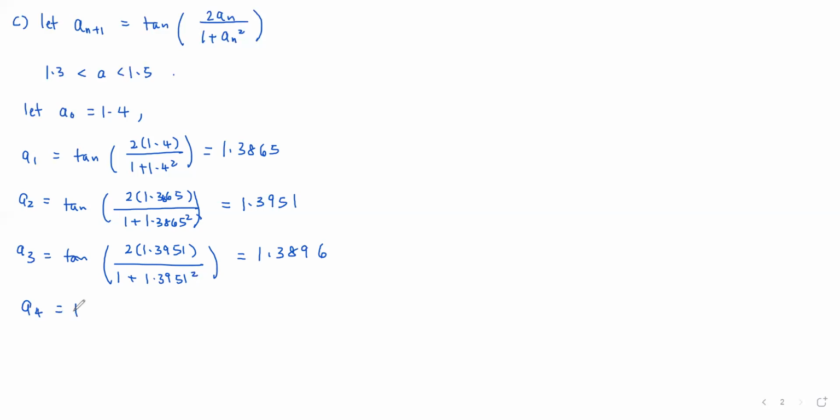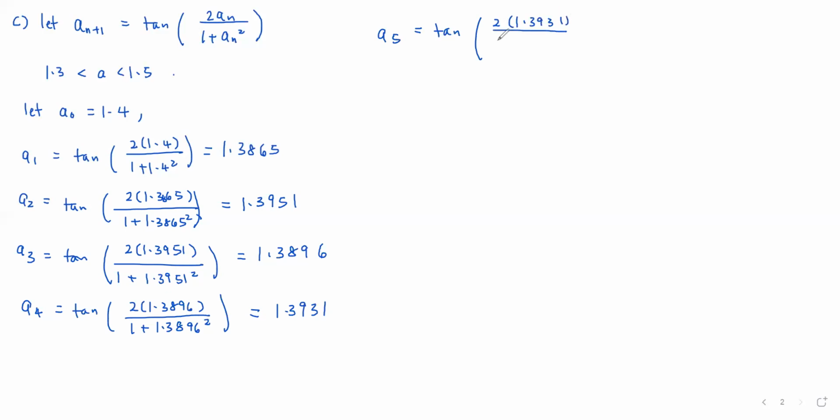To find the next one, we have 2 times 1.3896 over 1 plus 1.3896 squared, and this gives us a value of 1.3931. A sub 5 is tangent of 2 times 1.3931 over 1 plus 1.3931 squared.